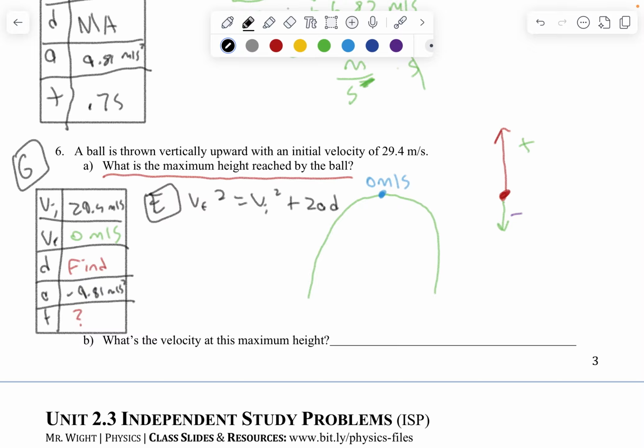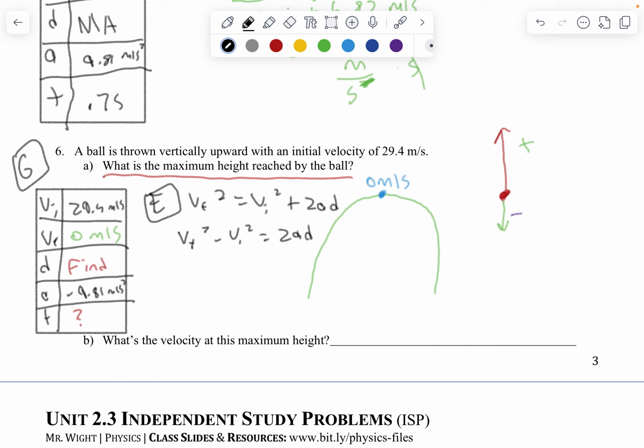Okay, but then what are we trying to solve for? Well, we're trying to solve for displacement. And how can we do that? Well, we can subtract the initial velocity squared on both sides, and that gets us final velocity squared minus initial velocity squared equals 2 times the acceleration times the displacement.